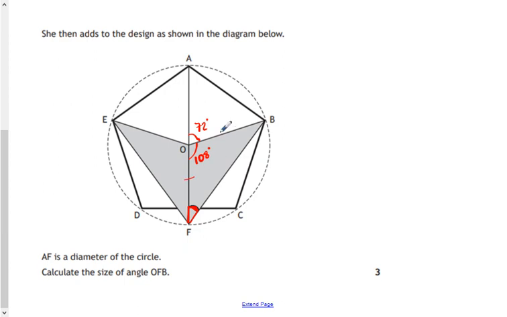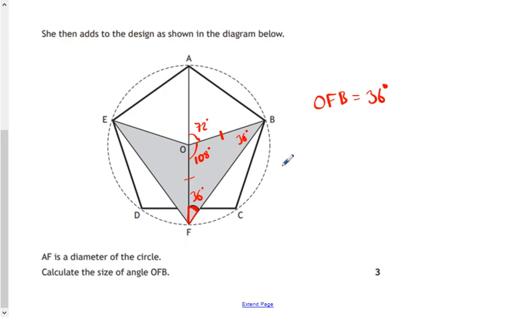And since that and that are the same length, this is an isosceles triangle, which means that OFB and OBF must be the same, and together plus 108, they have to add up to 180. So they're going to be half of 72, which makes them 36 degrees each. Okay, so we should state that then. OFB equals 36 degrees.